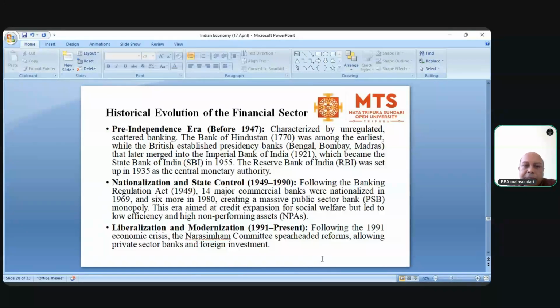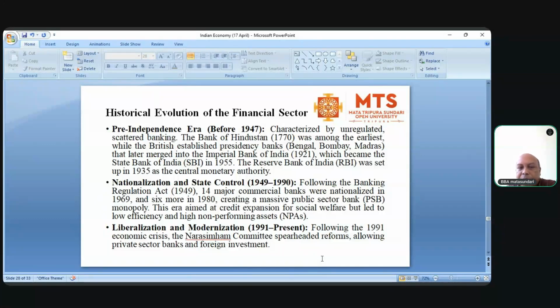The British government set up an individual bank in each province, known as a provincial bank, like Bank of Bombay, Bank of Bengal, Bank of Madras. Thereafter, in 1921, these three banks merged into one bank, named the Imperial Bank of India. Thereafter, this bank was converted into State Bank of India in 1955.